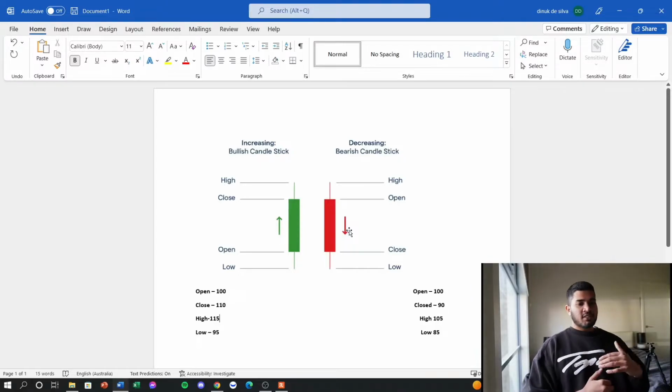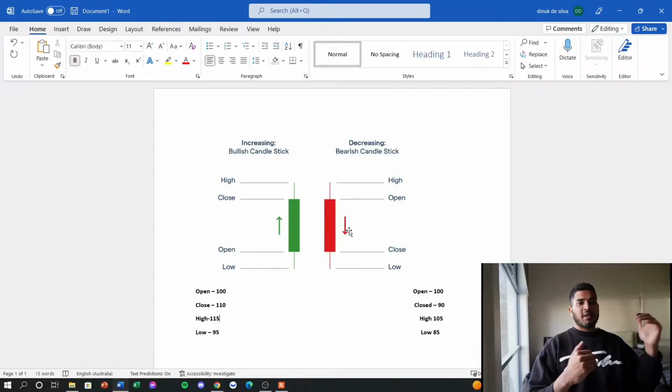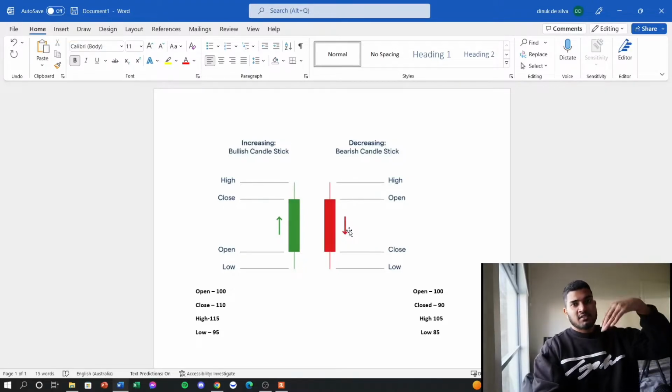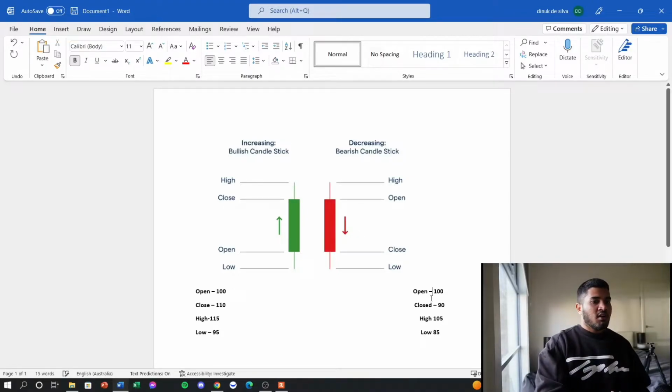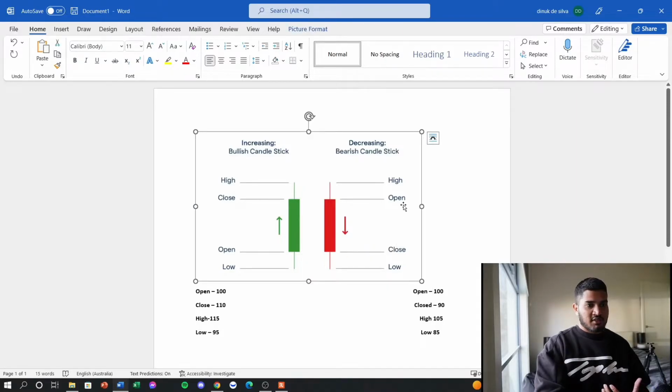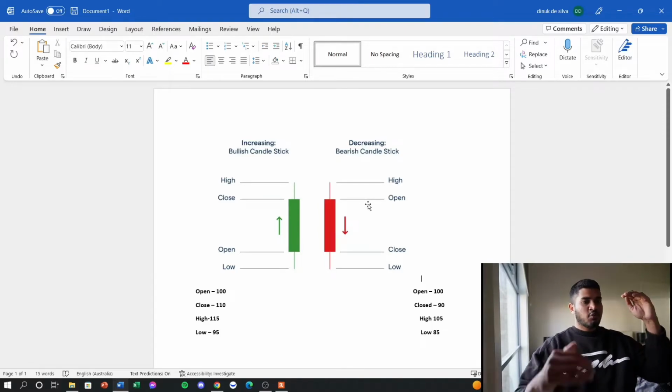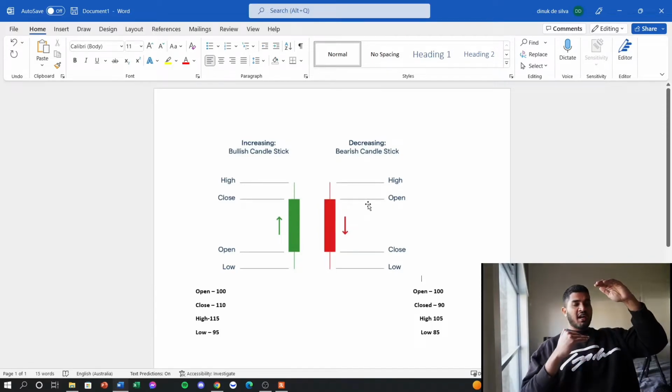So it opened at 100, just like the green candle. It opened at $100 and then the price went down to 90. That's where it closed. So open is at 100, close is at 90. What does low mean here? Same basic logic as the green candle. Opened at 100, went all the way down to 85, which is the low, but then it didn't close there.